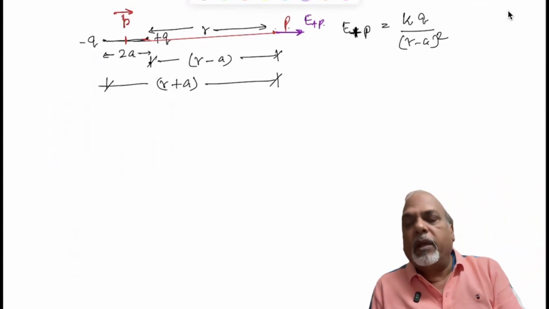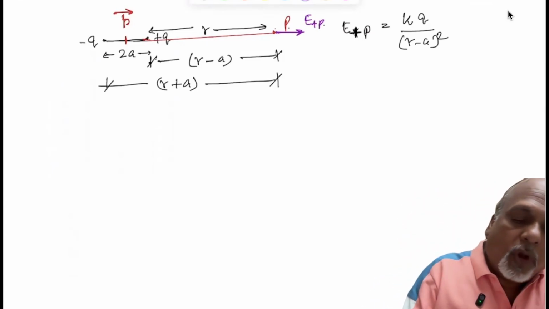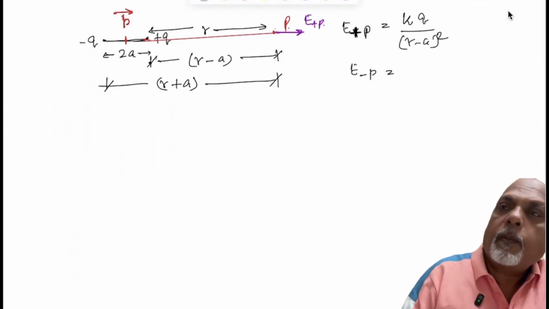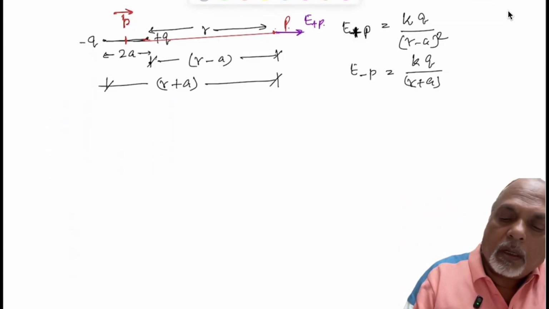What about electric field due to minus charge? That will be KQ upon (r plus a) square.